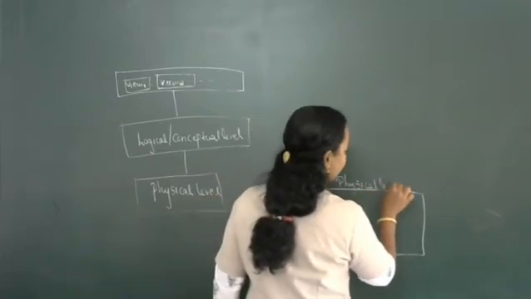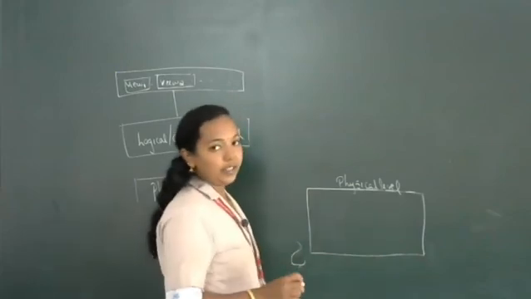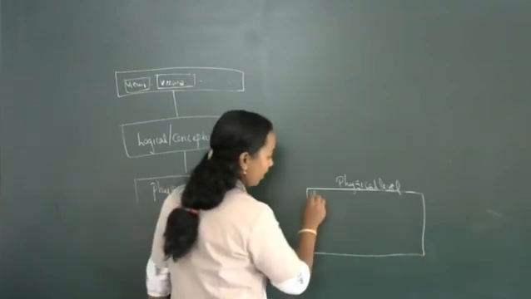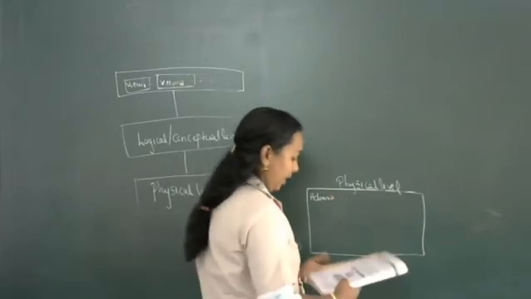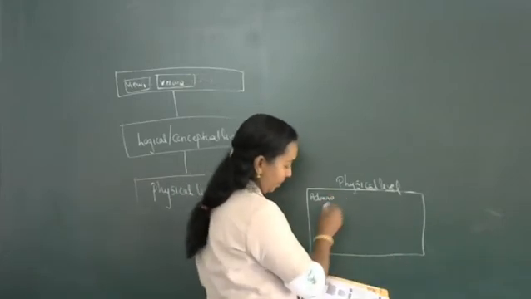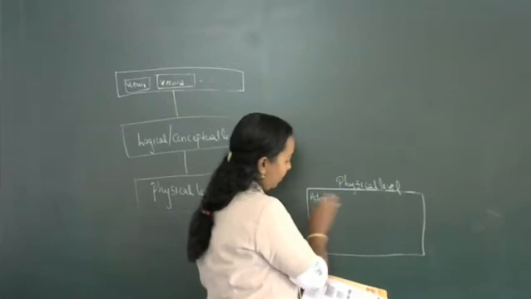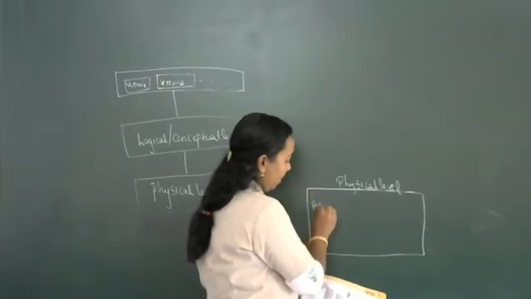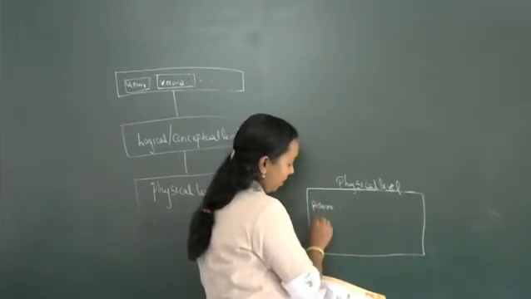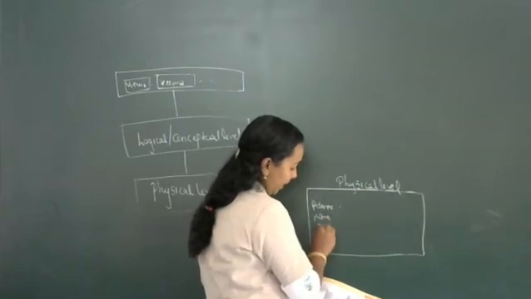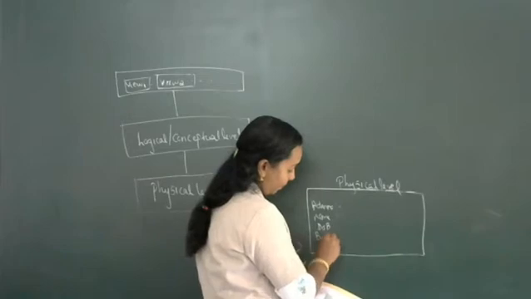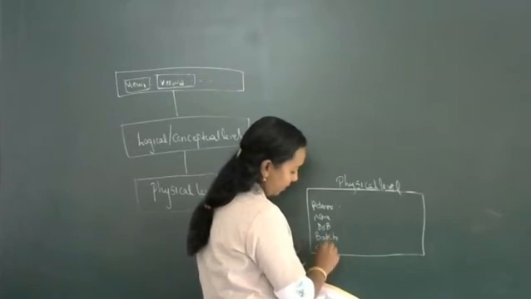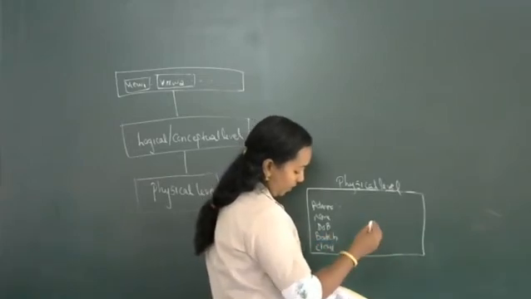Here I am also going to represent the ID card details, the information of a student: admission number, name of the student, date of birth, batch, class.